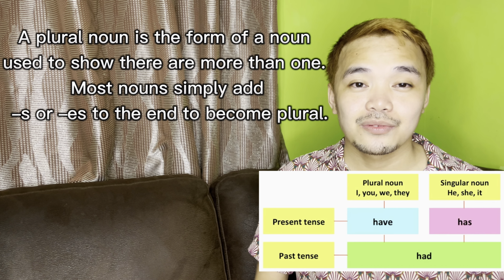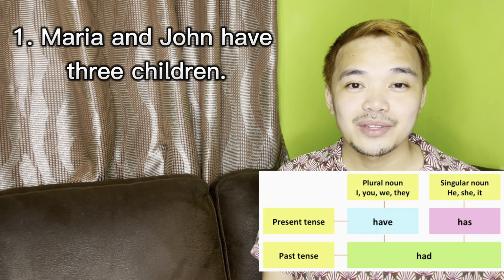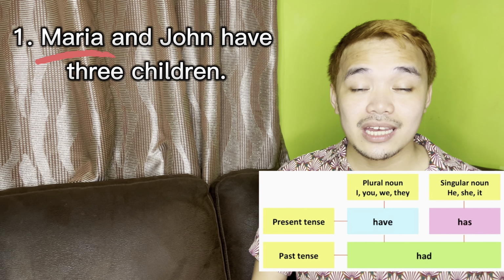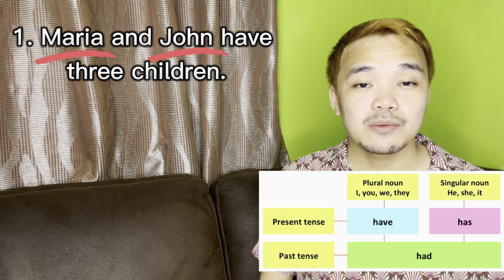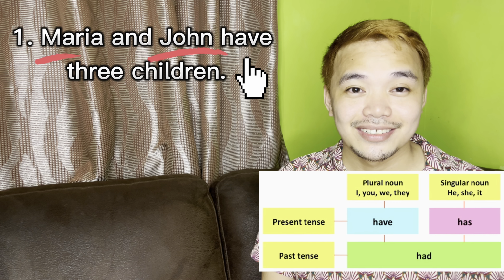Let's have these two sentences. Maria and John have 3 children. Now what is the subject in a sentence? Maria and John, right? Now the subject is plural here. It's Maria and John, 2 people, right? Maria and John. And I used the verb have.